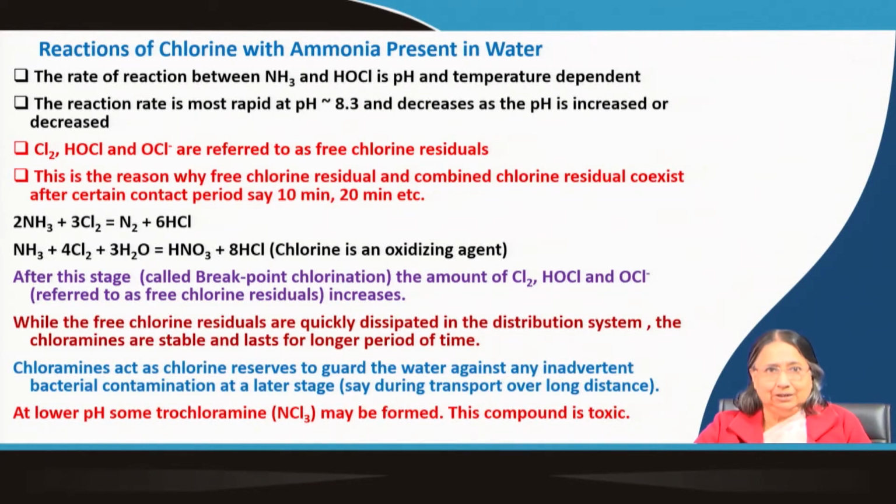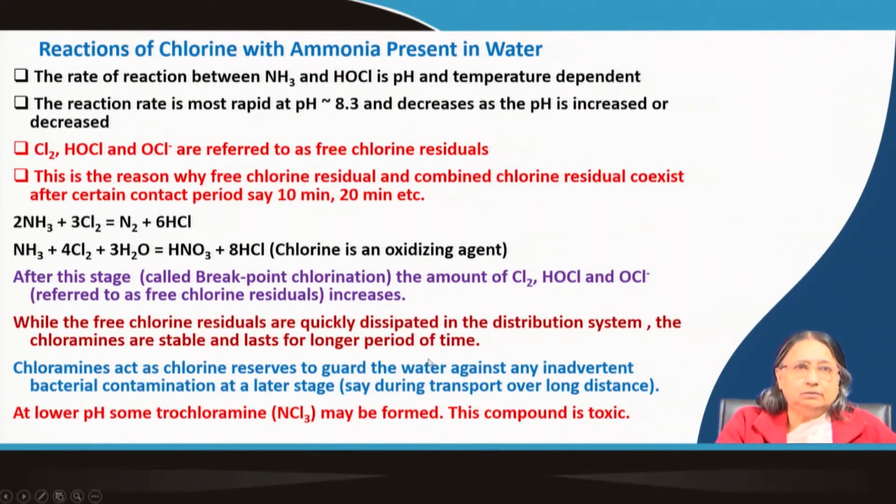This is the advantage of the chloramines. That is why sometimes, to protect the water from outside, a little amount of ammonia is also added. So, chloramines are good in that sense, they can protect during transport, and they are long lasting, protecting over long distances.